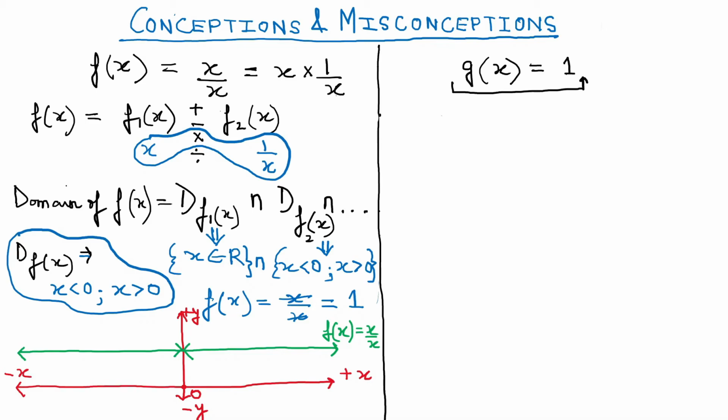Okay, let's see the constant function g(x) is equal to 1. Why do we call it a constant function? Because it doesn't have any power of x. Or another way to understand the same is, this could have also been written as x to the power 0, where x is my independent variable. But the moment you write it as x to the power 0, in that case you would say that x should not be equal to 0.